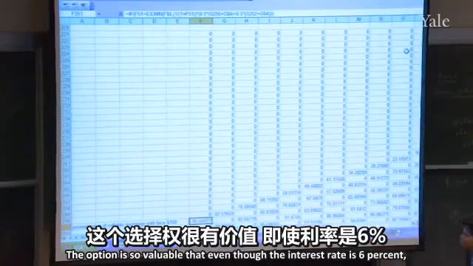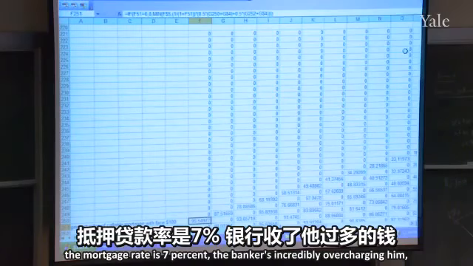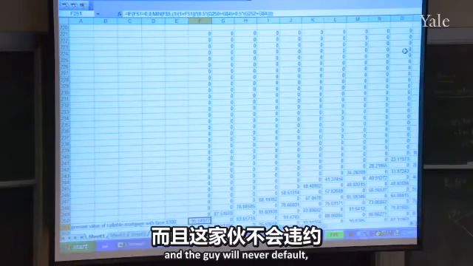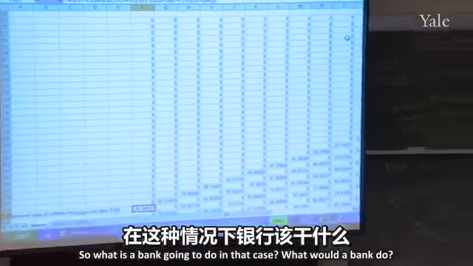The option is so valuable that even though the interest rate is 6% and the mortgage rate is 7%, the banker's incredibly overcharging him, and the guy will never default. Still, the bank is getting a terrible deal because the option's so valuable to the guy.